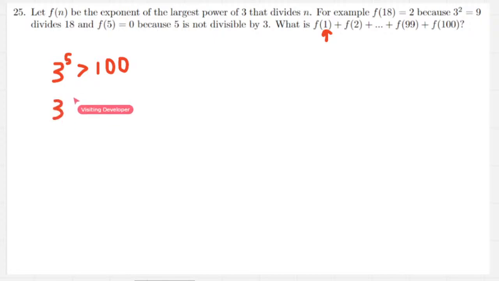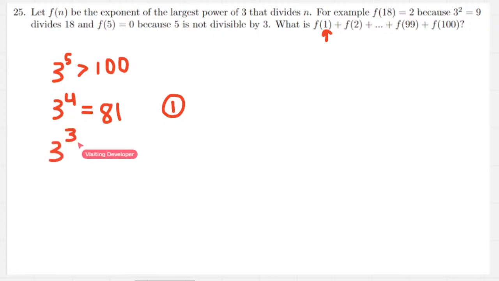So now we look at 3 to the 4th, or 81. And we can see that 81 is the only integer between 1 and 100 that 81 divides. So in this case, we have 1 that contributes to the total sum.